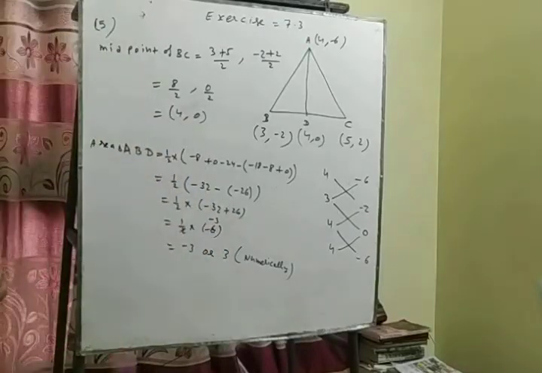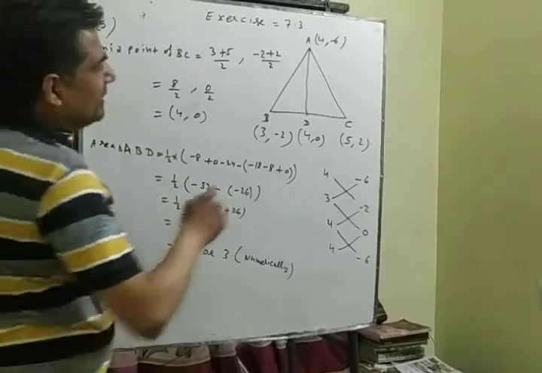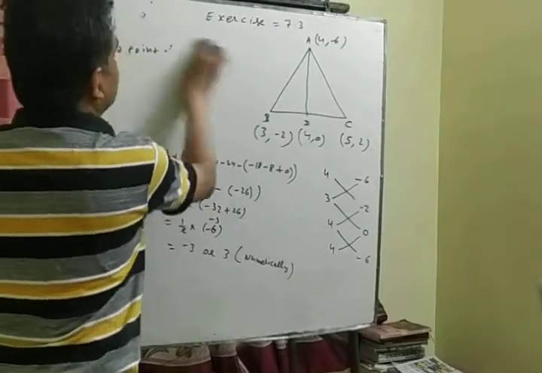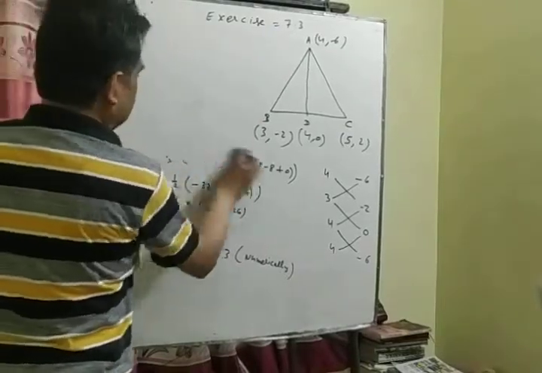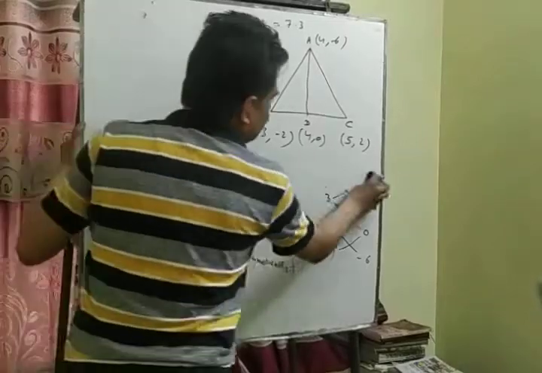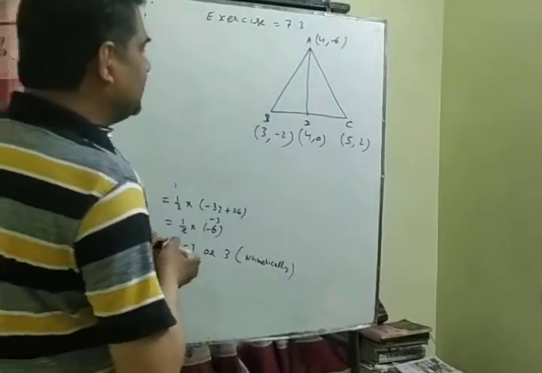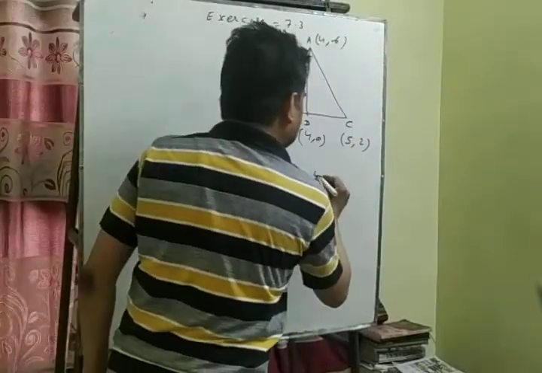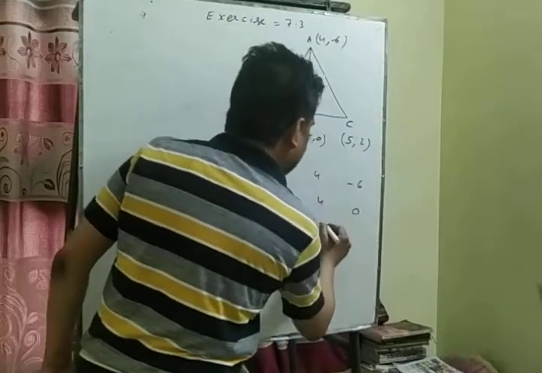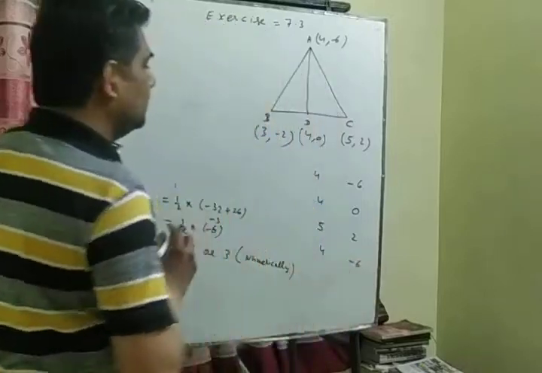Now we find the area of the next triangle, that is triangle ADC. In triangle ADC, we have three sides: 4 minus 6, next one 4 0, next one 5 2, this one again 4 minus 6.